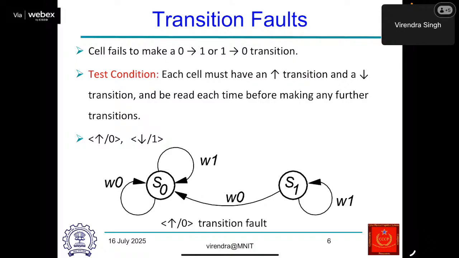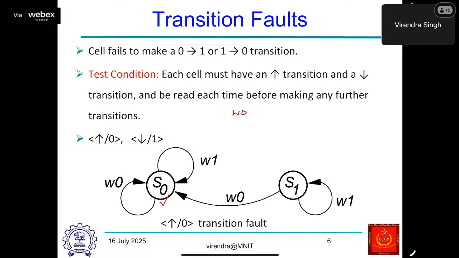So now here, if I want to develop the test for this, what I have to do is, first I have to ascertain whether this cell is in state S0 or not. So that I can ascertain by writing 0 to cell i.